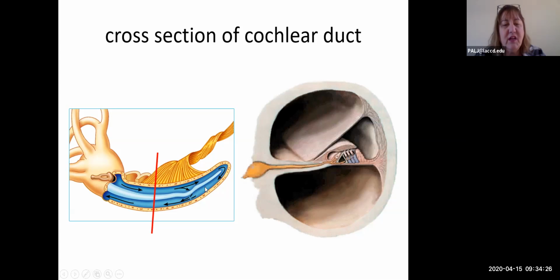And then this middle chamber filled with fluid is going to be this middle chamber. So unlike my previous picture, which showed one circle inside the other circle, what has happened is this has become triangular and it's actually attached to one side. And so it definitely has this more triangular structure. And so the triangular structure is going to be the cochlear duct.